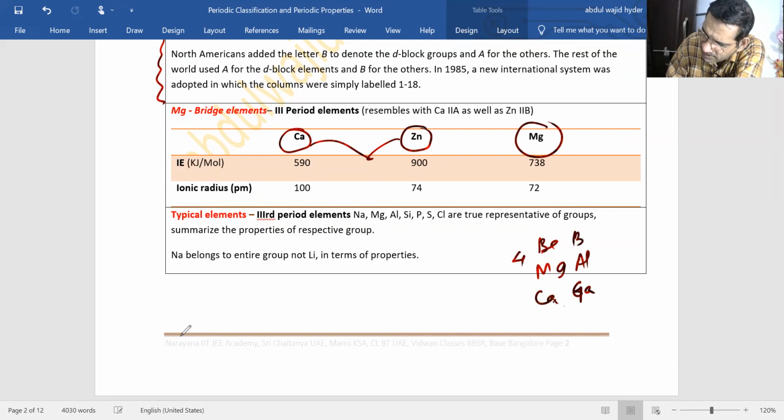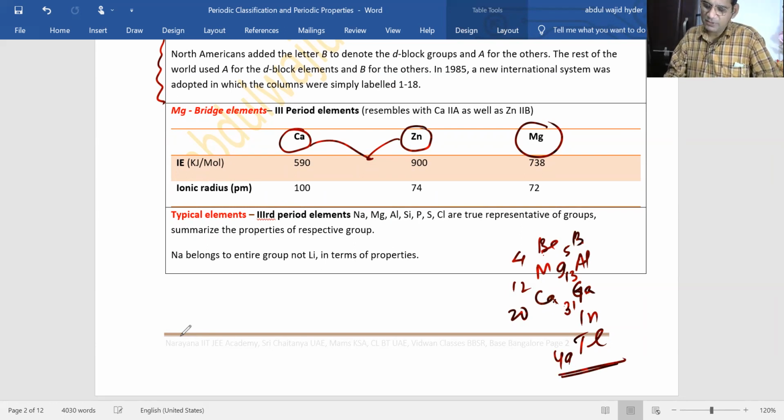Beryllium 4, magnesium 12, calcium 20, and here beryllium, boron, aluminium, gallium, indium, thallium. Here it is 5 plus 8, 13, 13 plus 18, 31, 31 plus 18, 49. So see what they are trying to tell here.